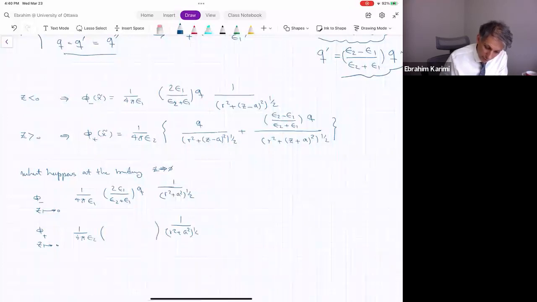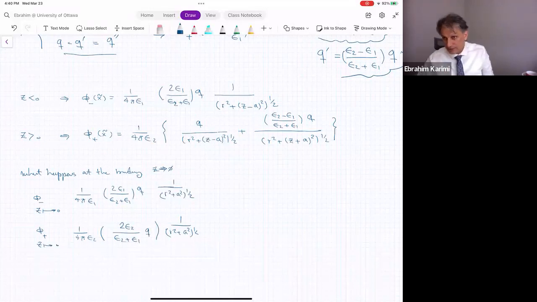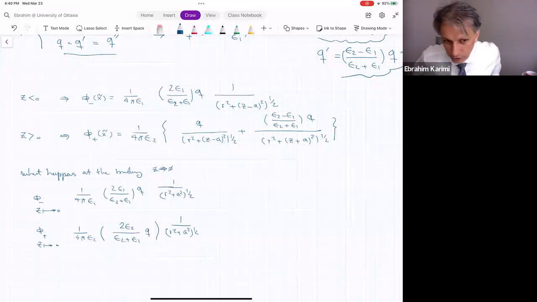Then I do have 1, and from the other one, I have epsilon 2 minus epsilon 1 divided by epsilon 2 plus epsilon 1. If you sum them up, you will get 2 epsilon 2 divided by epsilon 2 plus epsilon 1 q, which are completely identical. You will see that the potential is fine.